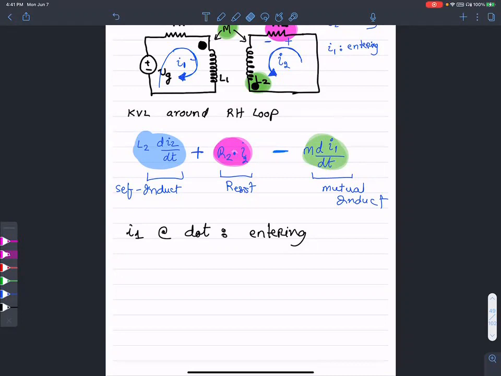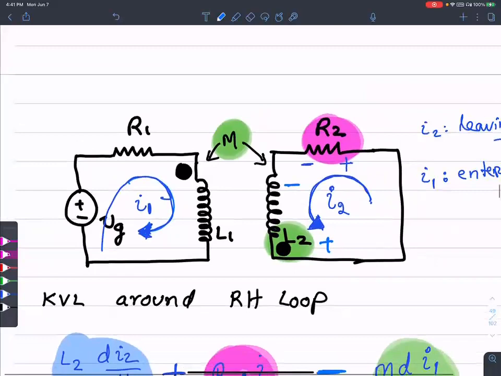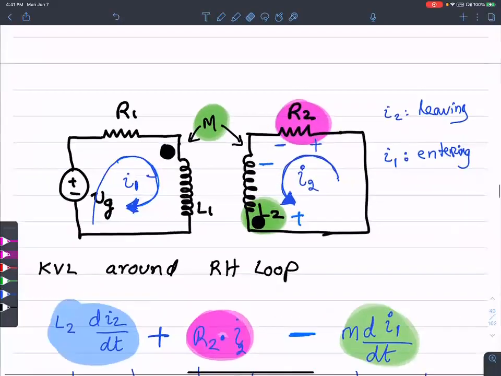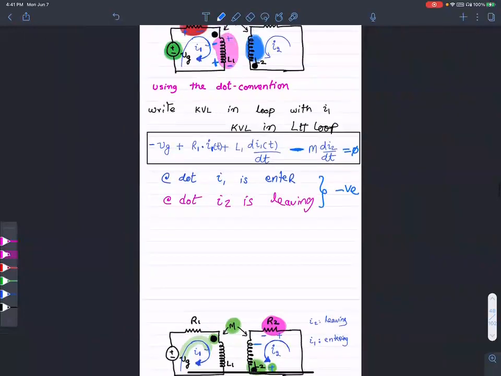If not, it is negative. So it's entering here, so this guy is positive. There's a positive and negative terminal. Let me be very clear one more time. I'm just looking at the direction of I1. I1 is entering the dot, so this becomes positive and this becomes negative. And because this is opposite to the direction of I2, I end up with a negative.